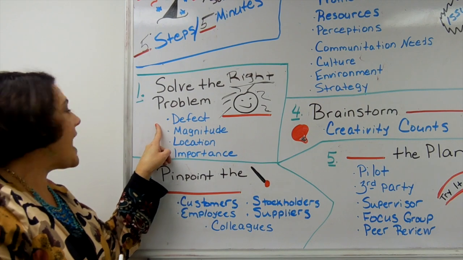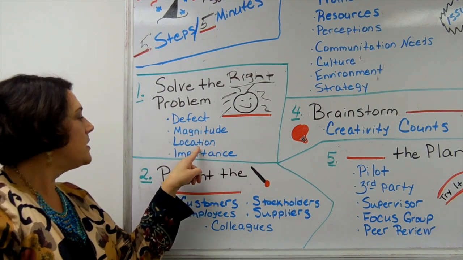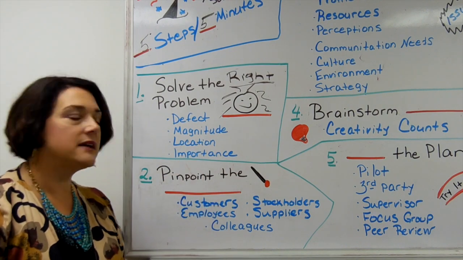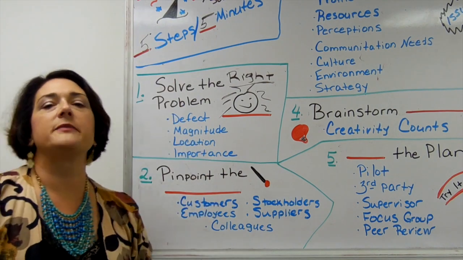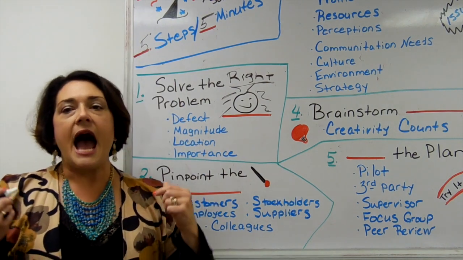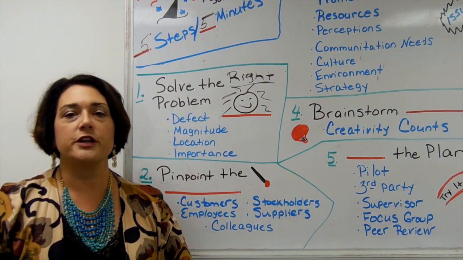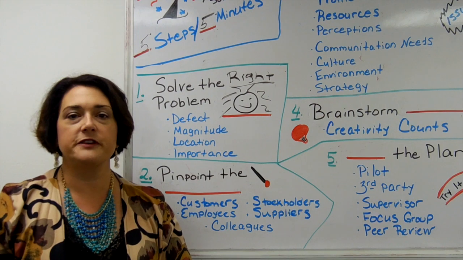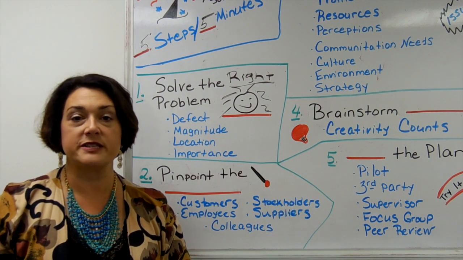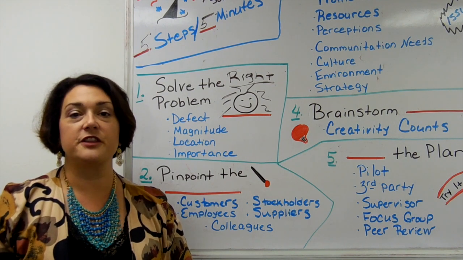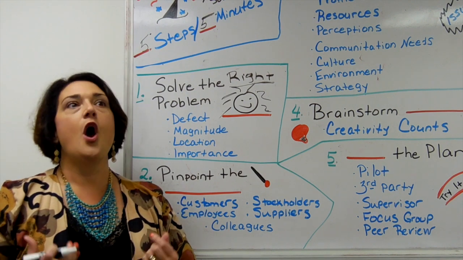So we need to think about what is the defect, what's the magnitude of our problem, where is this happening, and how important is it? Our wicked question I'm going to give you today is, I need to reduce my operating cost by 30% in fiscal year 15, all the while keeping my quality customer service scores up in the 95th percentile at our Fredericksburg regional office.